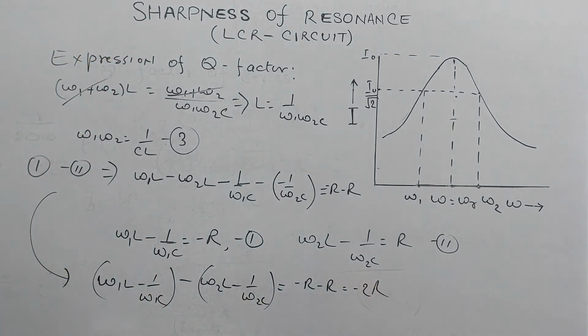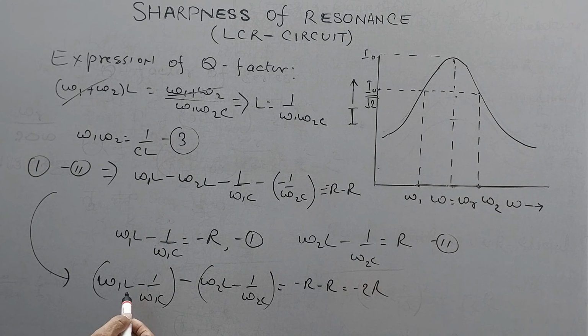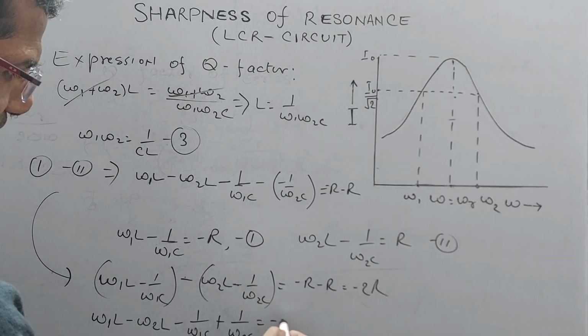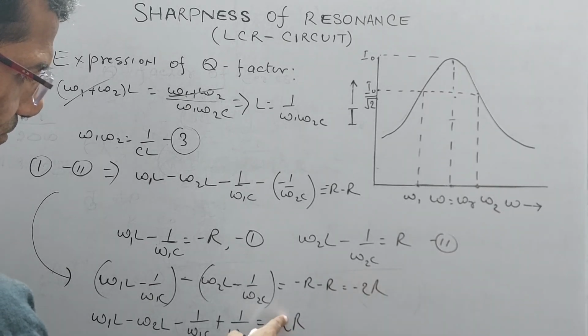From here, take this term with this term and this term with this term. So what does it come to? Omega 1 L minus omega 2 L, and similarly corresponding to these terms, I would take this term. So here this term is equal to minus 1 upon omega 1 C, minus to minus becomes plus 1 upon omega 2 C, is equal to minus 2R. So this is the value.